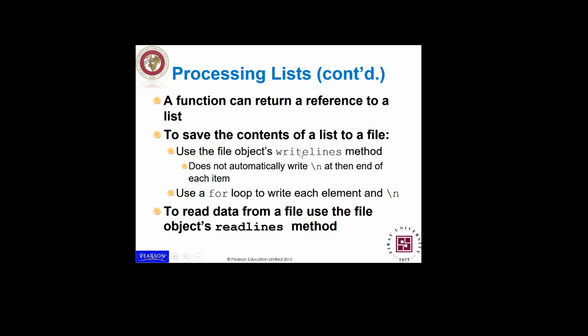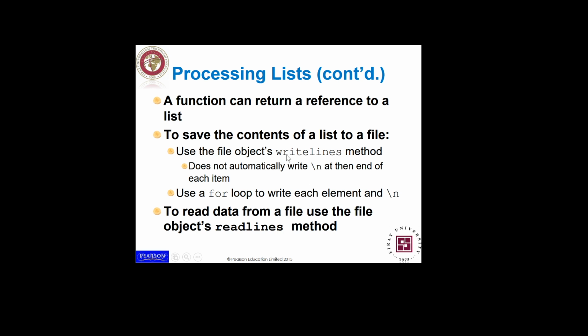However, the only problem with such a method is the lack of \n after each line, or after each element of the list. We will have all the elements stored together, connected, and in that case we may not have a nice representation of these elements.